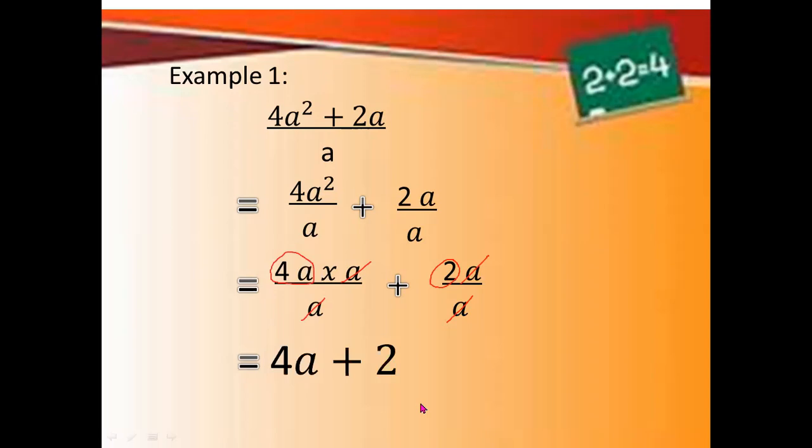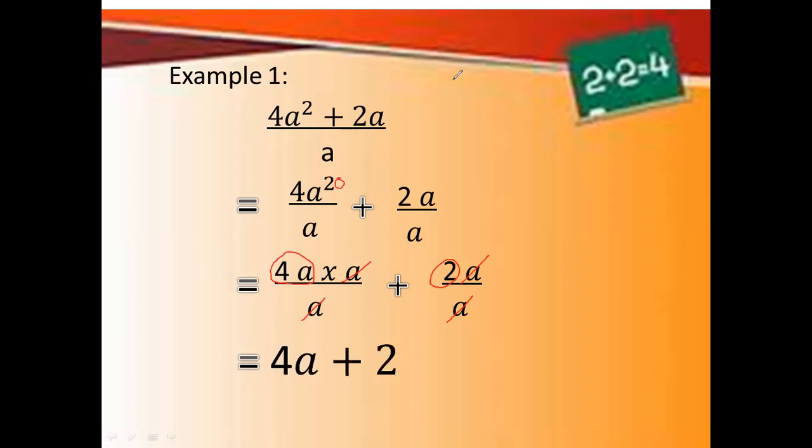Okay. But what if the power here is, let us say, 20? So you will have so many a in here. So that is why we need to follow the rule of exponents. When you divide the power, subtract the power of the dividend over the power of the divisor.